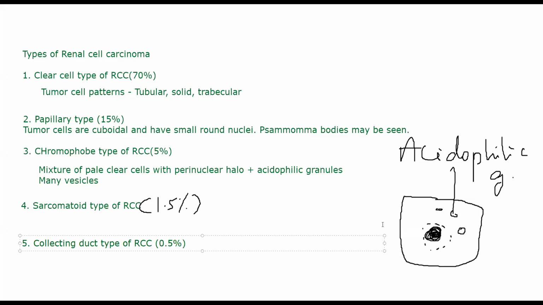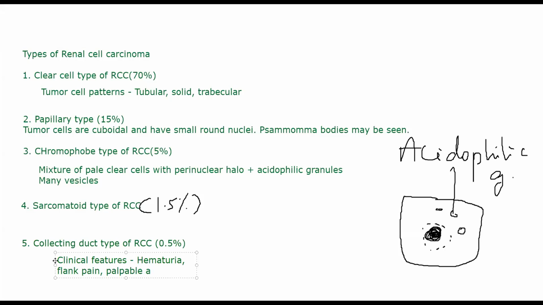Okay, now with all of these types of renal cell carcinomas, the clinical features will be somewhat similar. The common clinical features that you see in RCC include hematuria, blood in urine, flank pain, okay, pain near the location of your kidneys, and palpable abdominal mass.